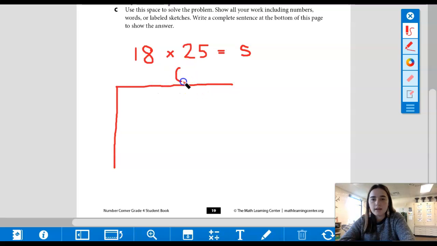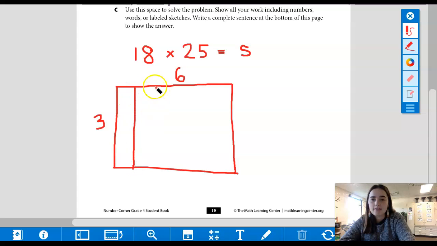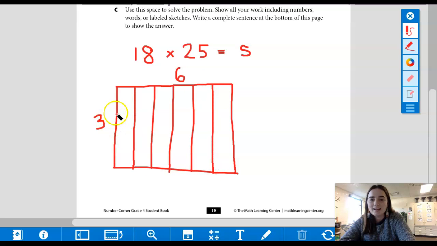So I'm going to draw my 6 by 3 array, just so I have a visual of how many stamps I have. There's our second column, third, fourth, fifth, and sixth, and my first, second, and third rows. All together here I have 18 stamps.